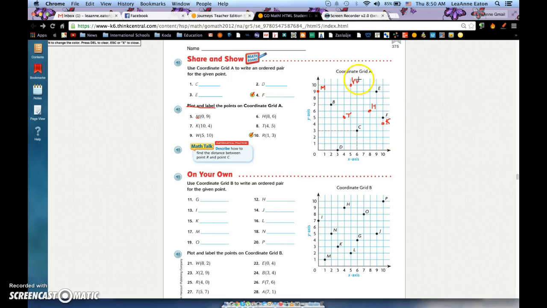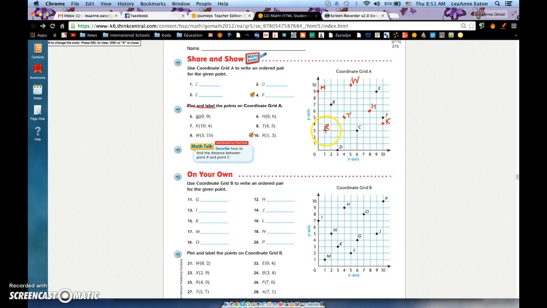So it's very important that you not mix up your X's and Y's. X's are always first, Y's are always second. And then our last one, R, we go over 1 and up 3 right here. Oops, I made that really big. We'll just pretend that that's an R. There we go. Okay, so R.